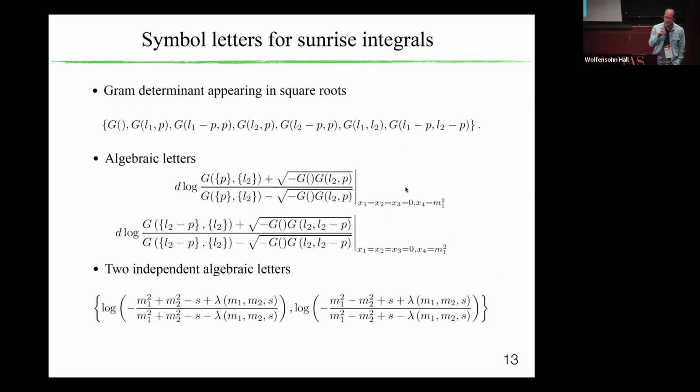Sorry, I didn't get your point. Well, the point is that this looks like a double cover. It's like a branched cover over some locus. Yes. For the irrational letters, it is always some square root, and it is compatible with the rational letters or Landau singularities.